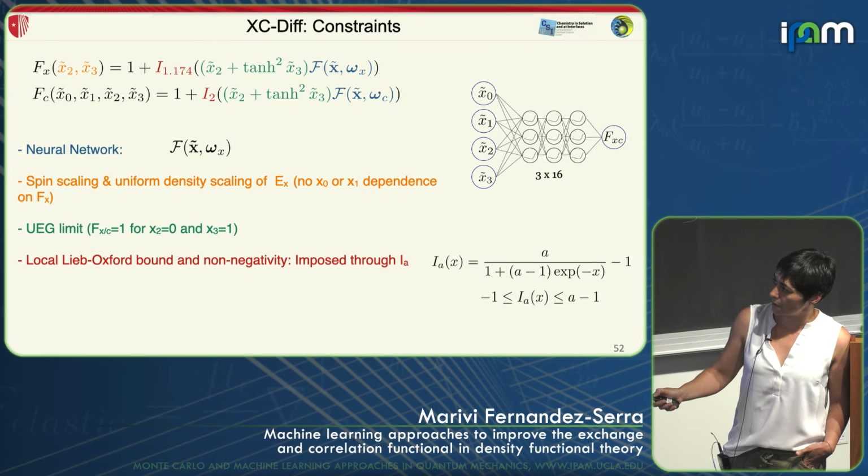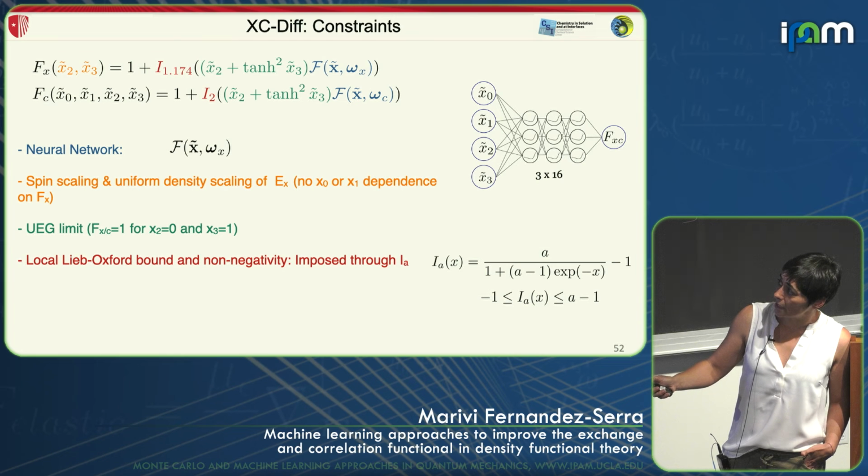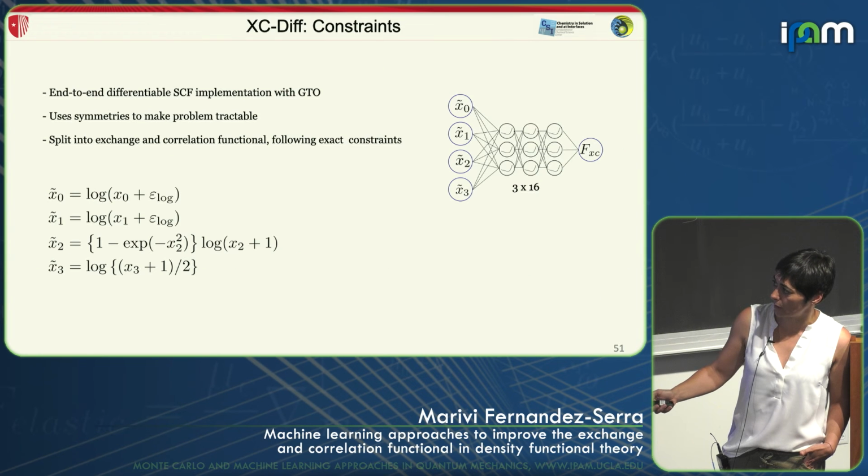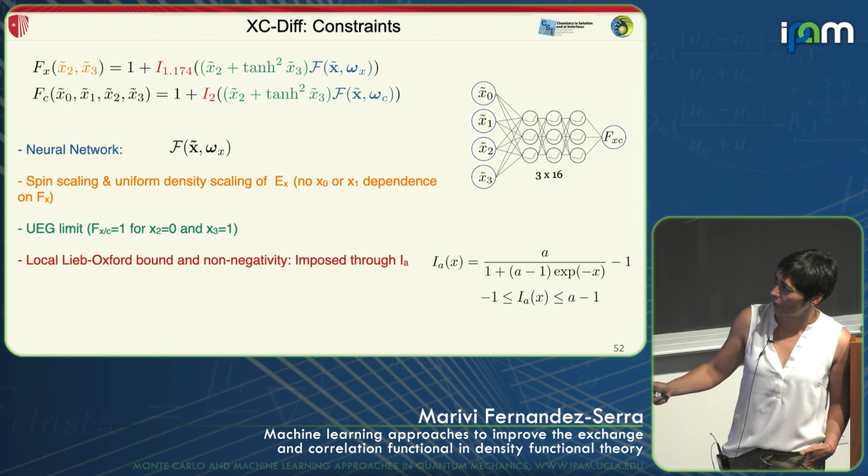So our exchange, at the end of the day, is basically an enhancement factor. These X2 bar and X3 bar are the transformed variables that I defined here, the ones that transform through the logarithmic filter.